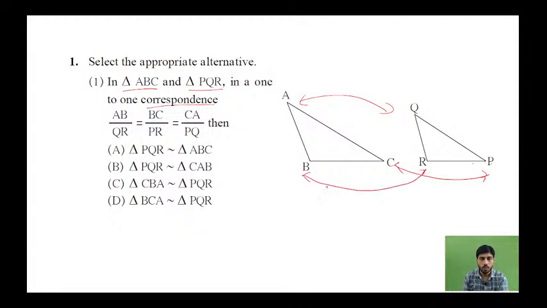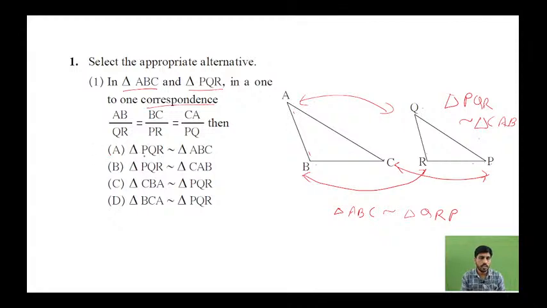So obviously the one-to-one correspondence is going to be triangle ABC similar to triangle QRP, or from this triangle we can say triangle PQR will be similar to triangle CAB.